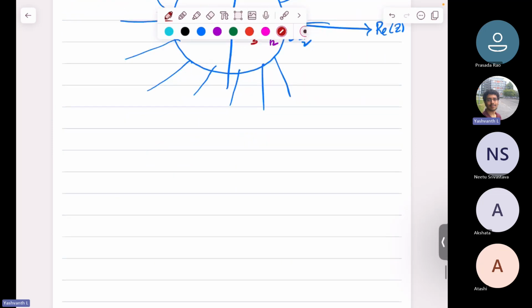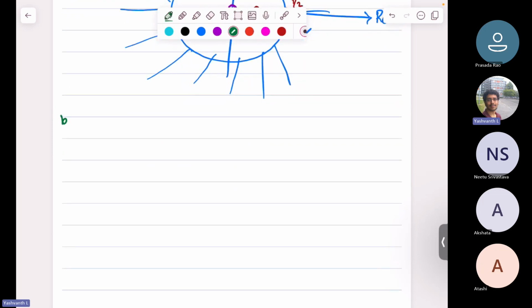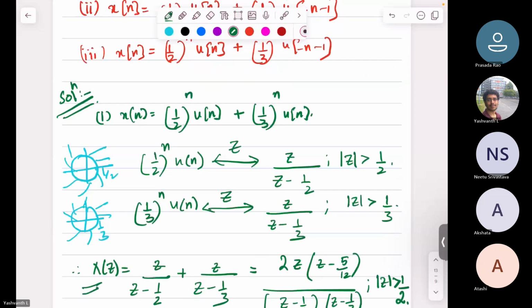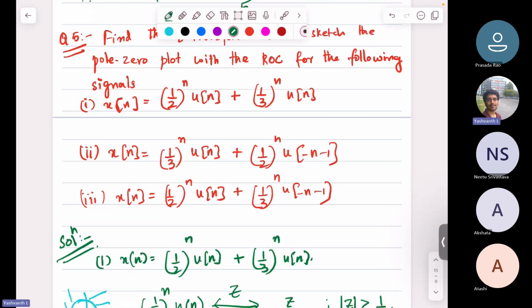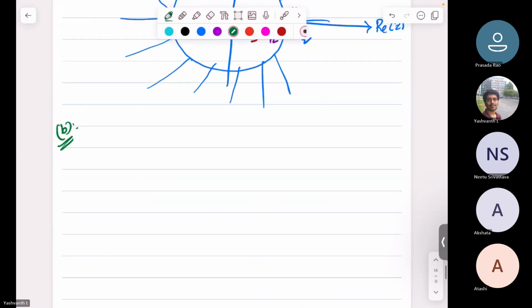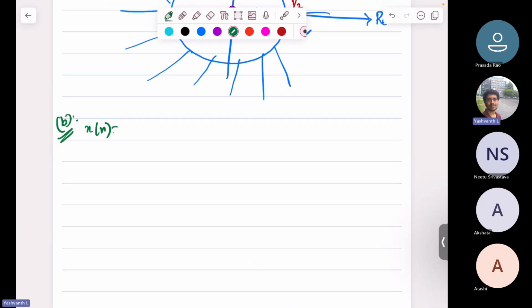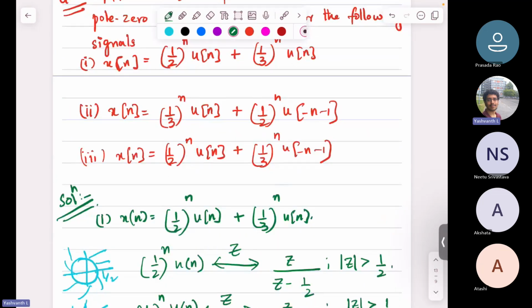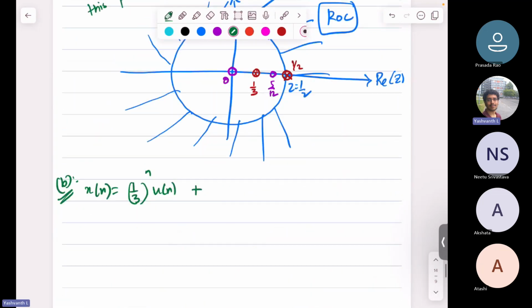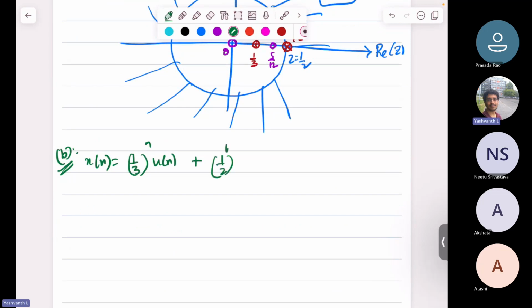Now, similarly, I will do the second question. What is the second question? x of n equals 1 by 3 power n into u of n plus half power n into u of minus n minus 1.